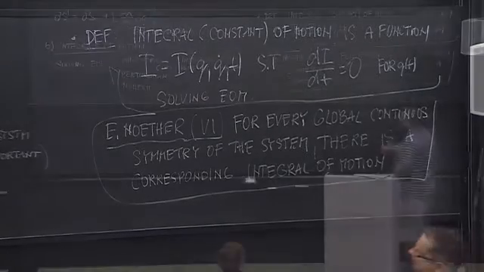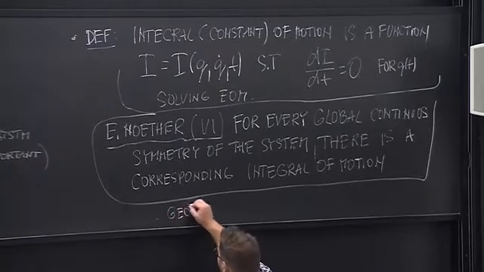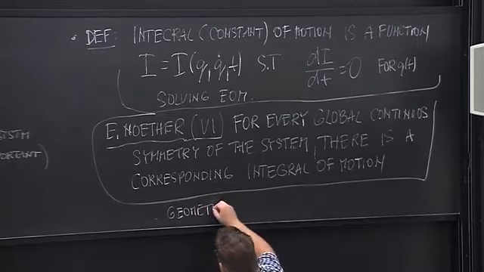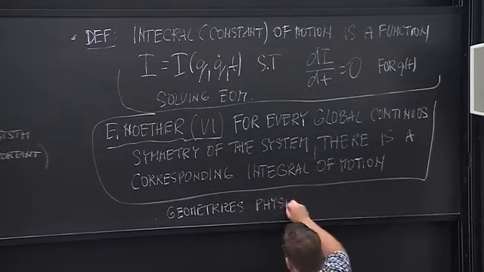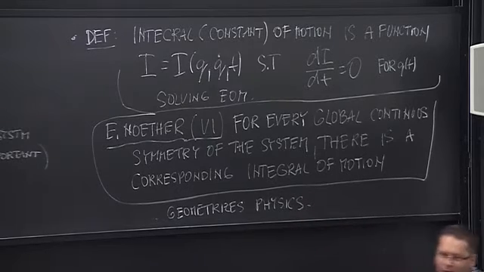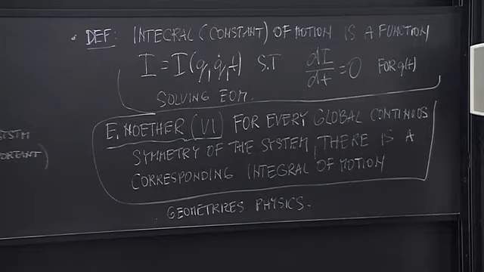So what is really beautiful about this is that it sort of geometrizes physics. There is a one-to-one correspondence between the symmetries of the configuration and phase space, and it gives you the corresponding conserved quantity. Okay. So now I haven't explained what global continuous symmetry is.